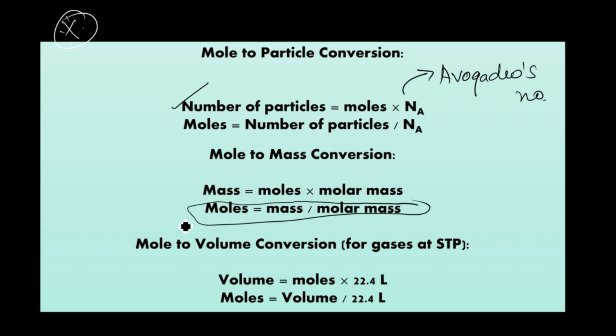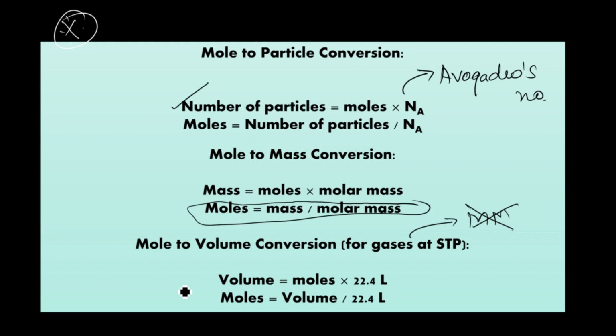The third relationship is mole to volume conversion in case of gases. In case of gases, you need not calculate any molar mass. Whatever the gas may be, oxygen, carbon dioxide, carbon monoxide, nitrogen, ozone, you need not find any molar mass. Just you need to know what condition that gas is, whether that is STP or some other condition.